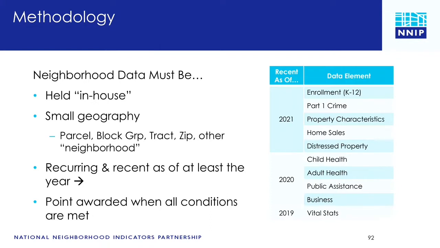And if all of those are met, you get a point towards your SNIP score. So the table on the right shows the different timing elements for those different types of data. That's different based on what it is. For example, public health departments take a few years to process vital statistics, so recent data on that is a little bit older than property characteristics, for example.